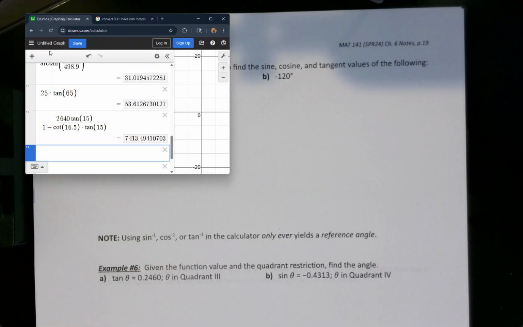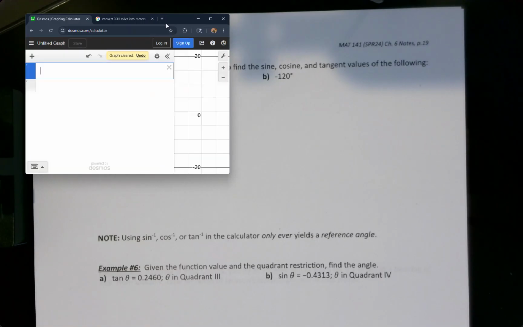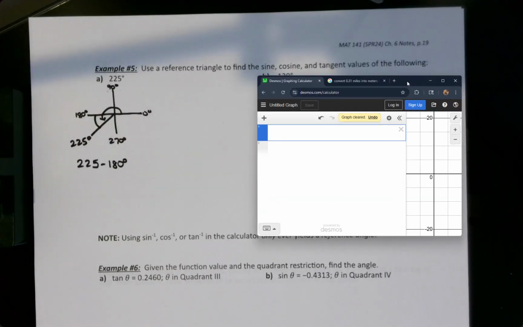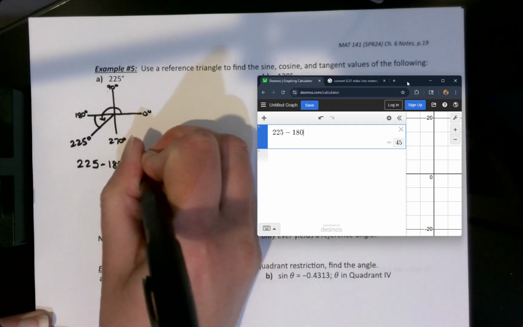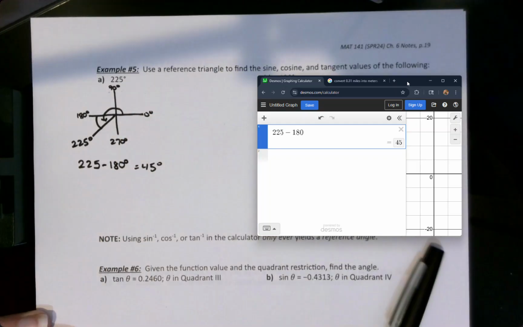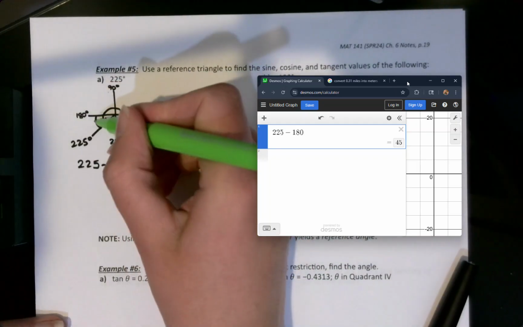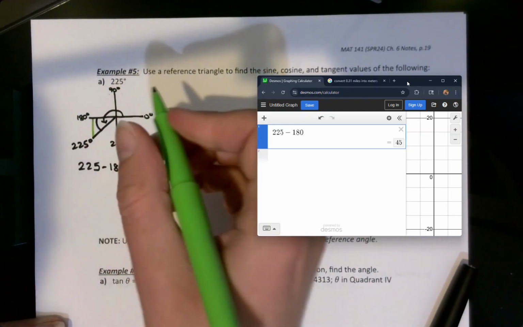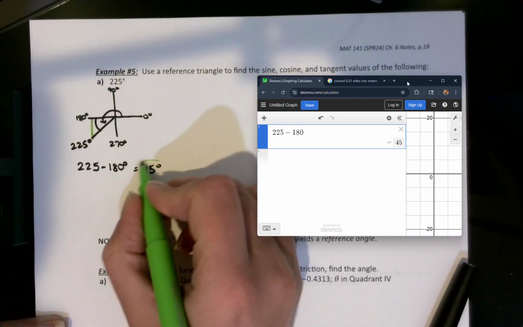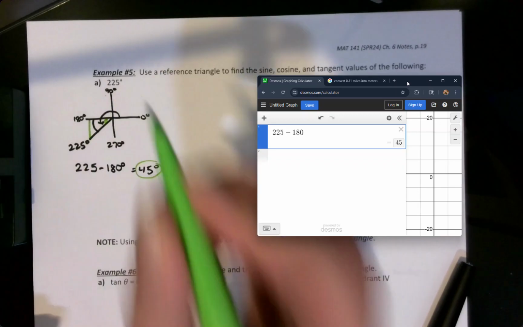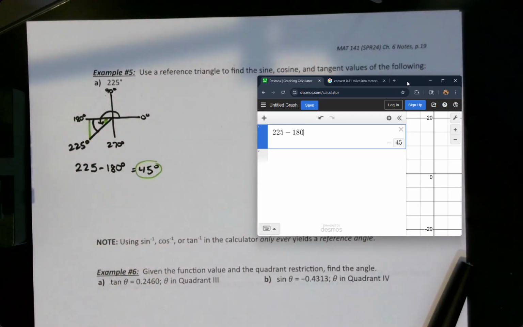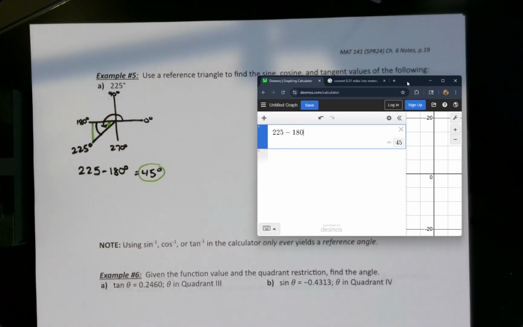So let's clear this. 225 minus 180 is 45. So that means that inside this triangle right here, I have a reference angle of 45 degrees inside. So I can use what I know about a 45-degree angle to figure out the sine, cosine, and tangent values.